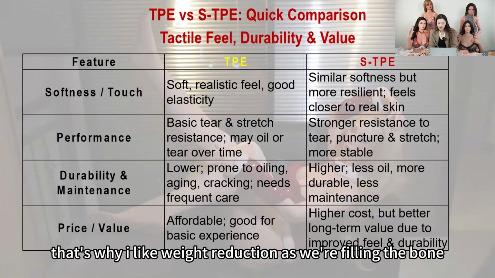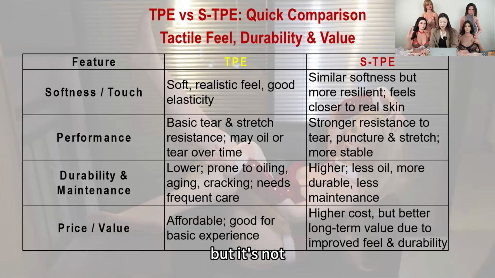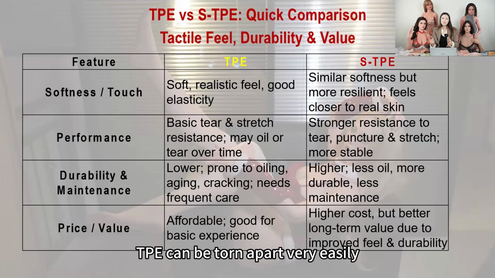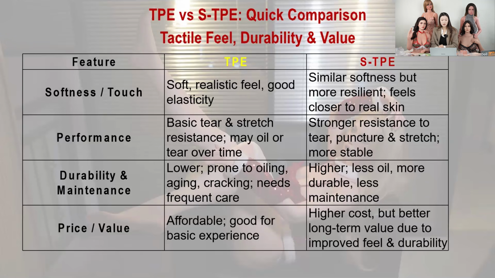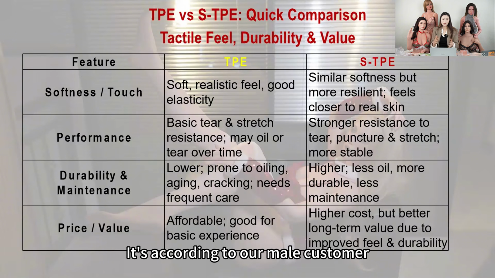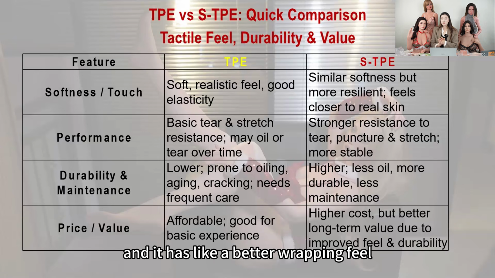Okay, for durability, TPE can be torn apart very easily, but STPE is better for this performance and has less oil for sure, less maintenance. It's according to our male customers, and it has a better wrapping feel when you actually use STPE material.